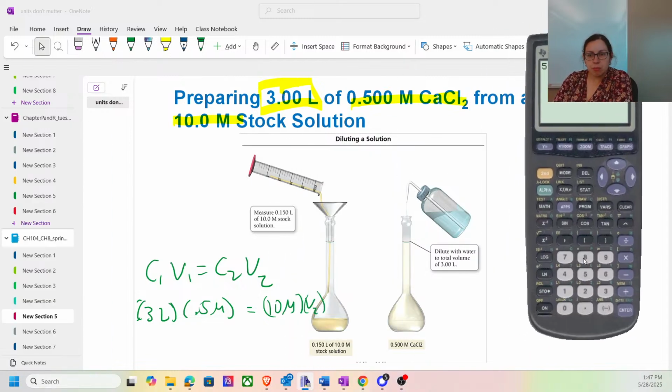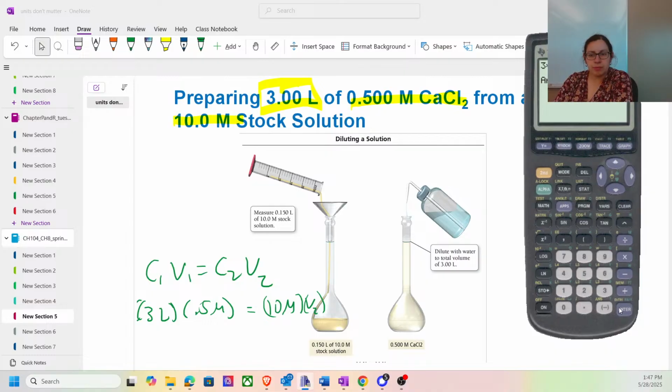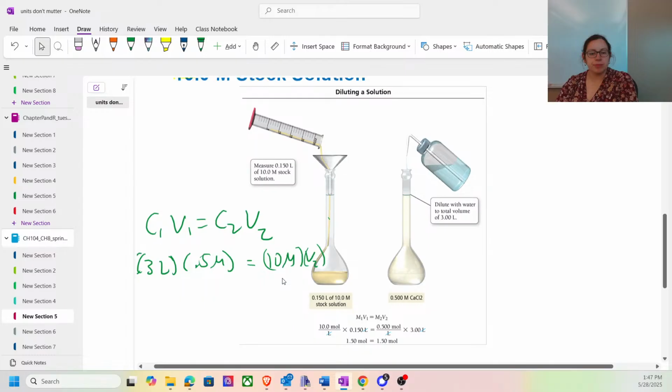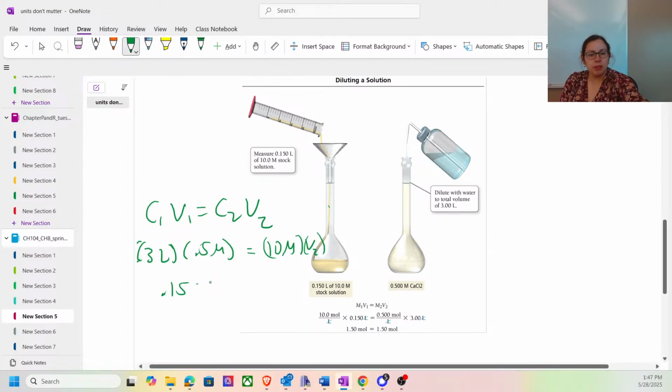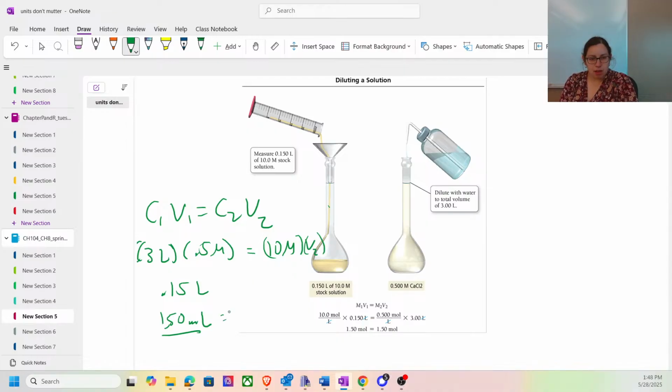Now I'm just going to punch this into our calculator: 3 times 0.5 divided by 10. Again, this was in liters, so 0.15 liters, or 150 milliliters of our stock solution.